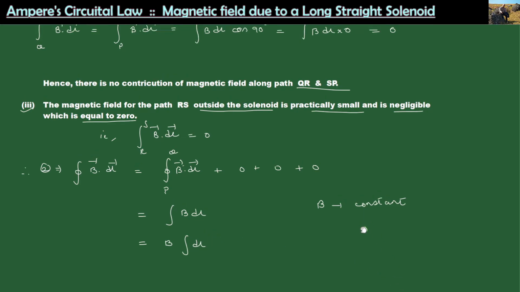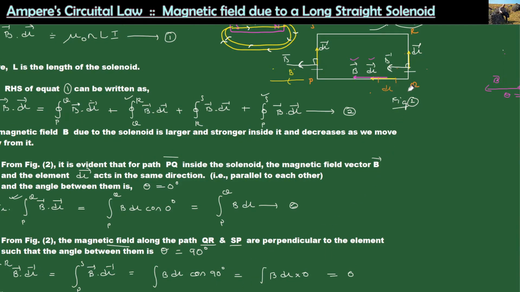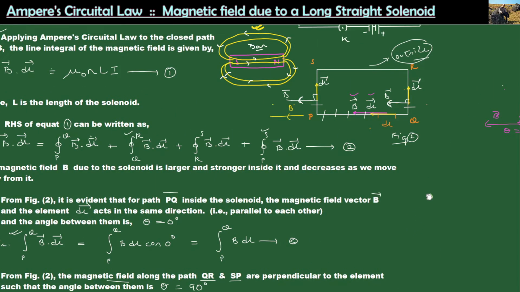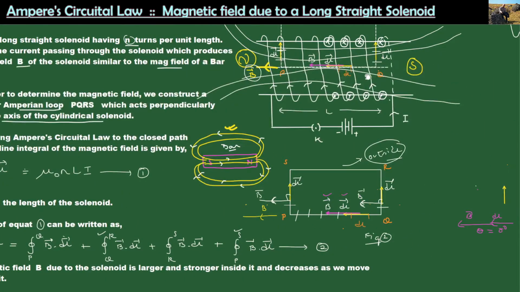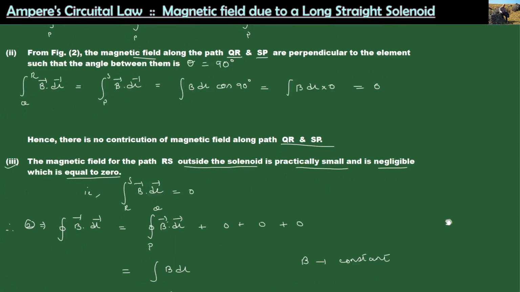But when you look at this figure, if I consider all those small elements dl, that will be equal to the total length of the solenoid.